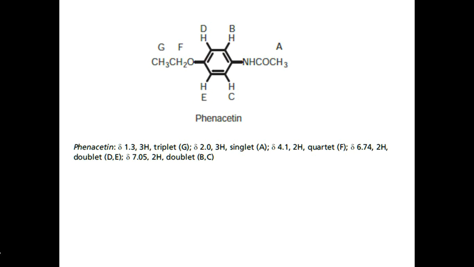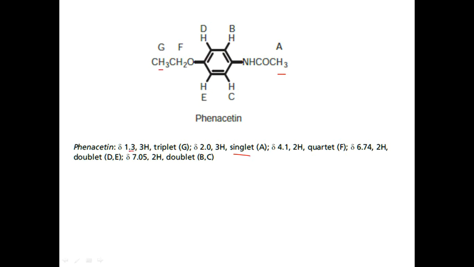This is for phenacetin. It shows a singlet for the methyl proton here, at 2. This is the first G, which shows a triplet at 1.3.